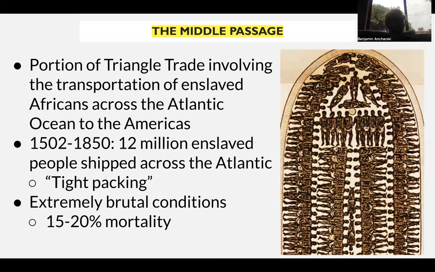Oftentimes, to save money, these slave trading ships would notice that if their quote-unquote property was damaged, they could commit insurance fraud, basically. There's a case known as the Zong ship, the Zong trial, in which the captain of that ship basically committed insurance fraud by throwing out all of his African slaves.